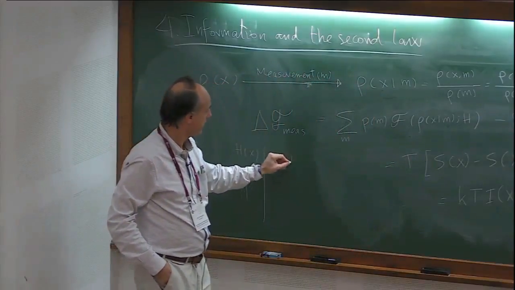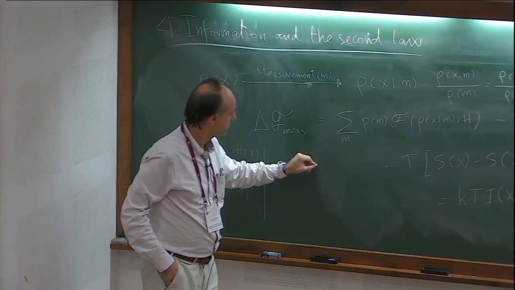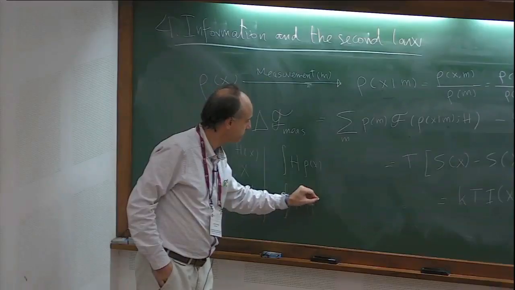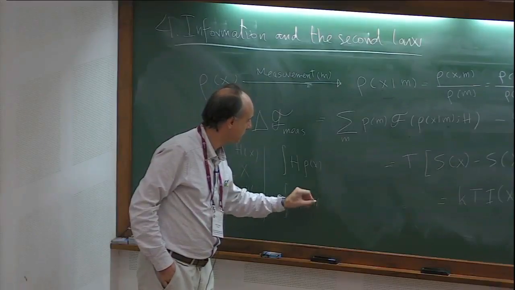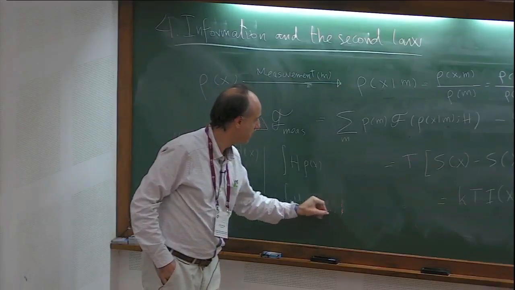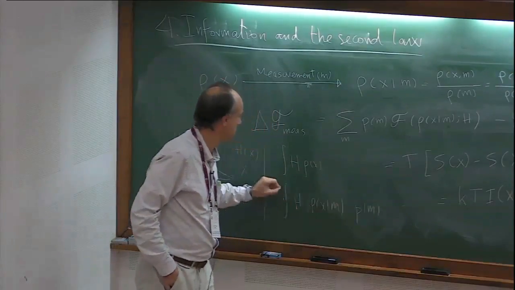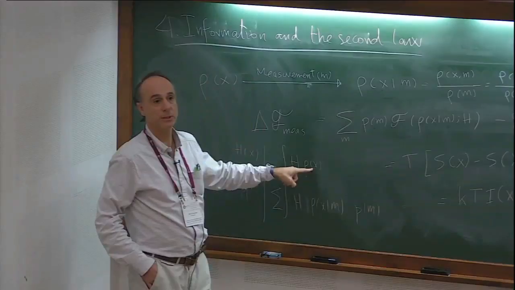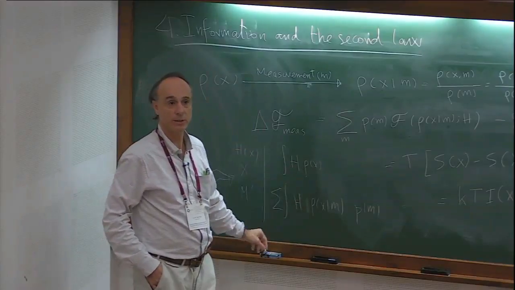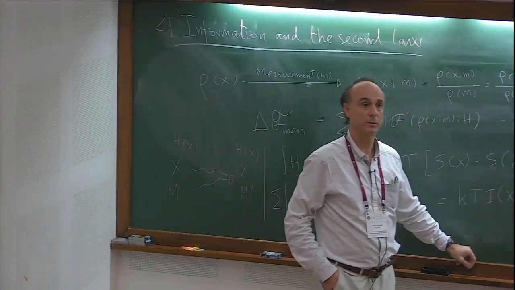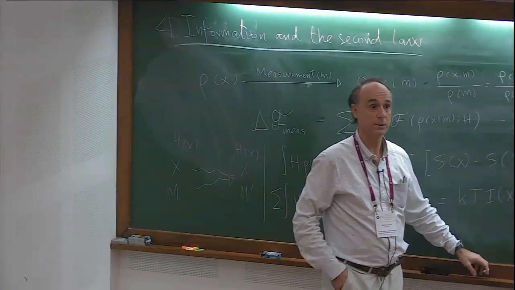If you calculate the average of rho x, you can calculate this average, and then this one. These don't cancel, but when you multiply by m and sum, this becomes equal to this, and they cancel. So the energies cancel, and only the entropy enters into the equation. It's okay.